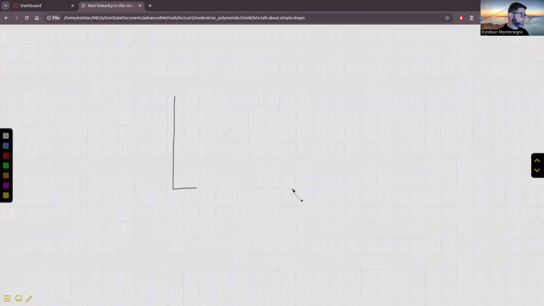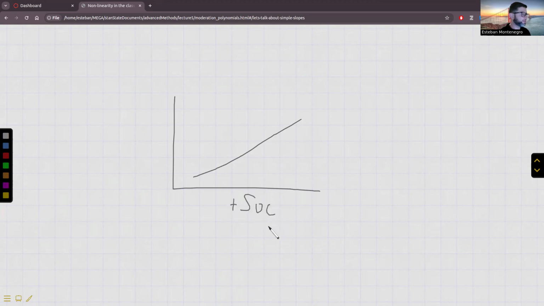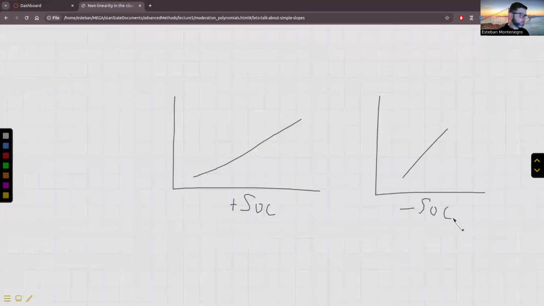So we will have a regression line when people are high on social support. Let's call it SOC. We will have another line when people are low on social support.